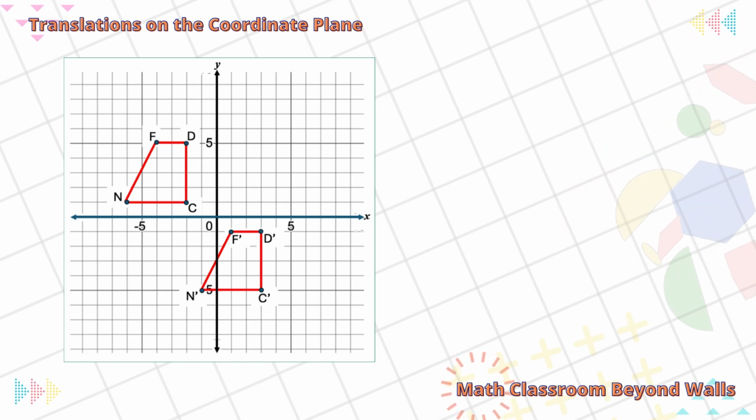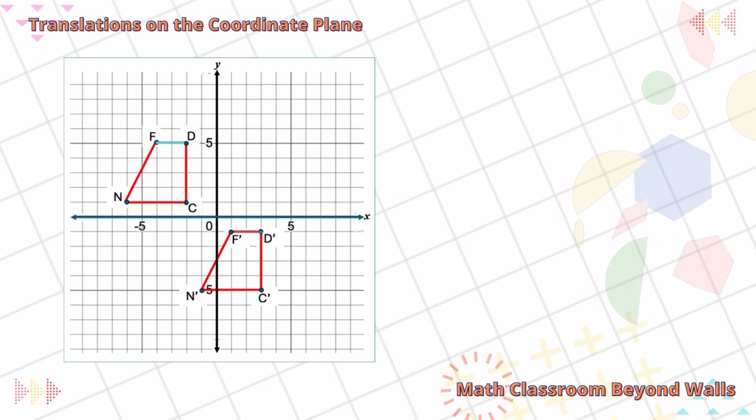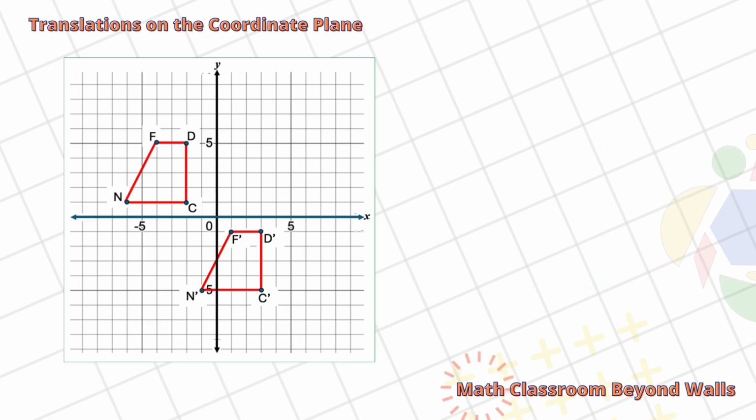We will start with side FD, then side F prime, D prime. Let's go. Counting on FD, we have 1, 2. On F prime, D prime, we have 1, 2. These corresponding sides have the same length.